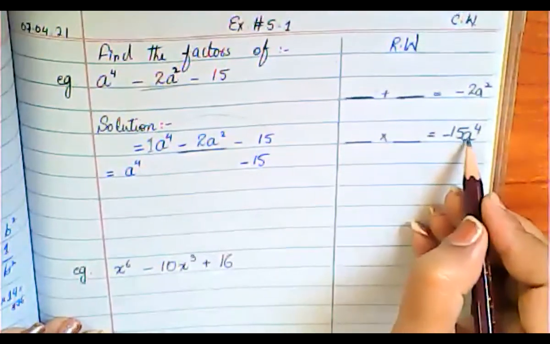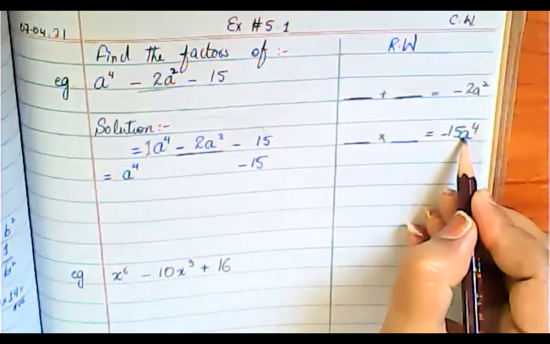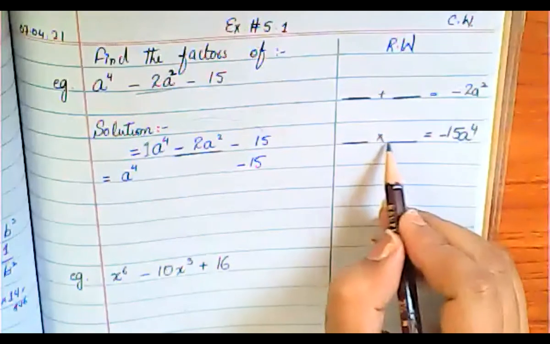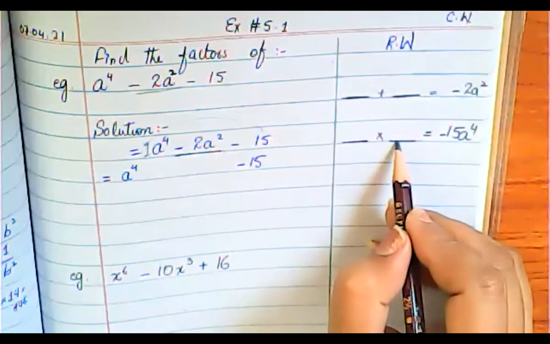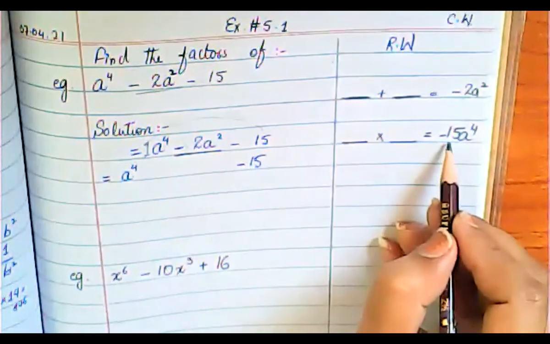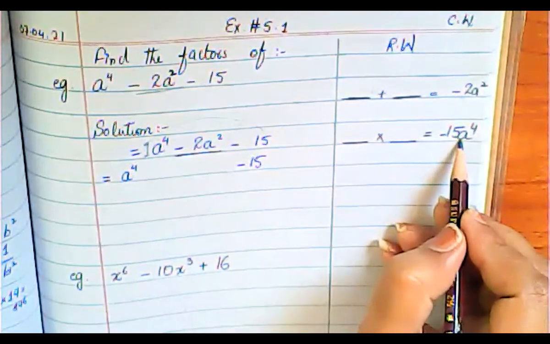So first you are going to identify the numbers that you will multiply so that your answer is minus 15a4.